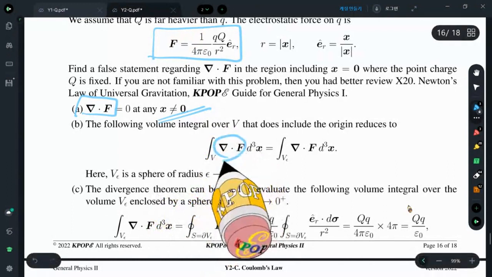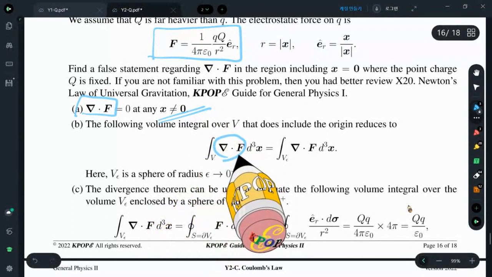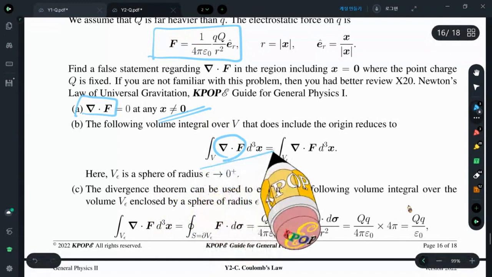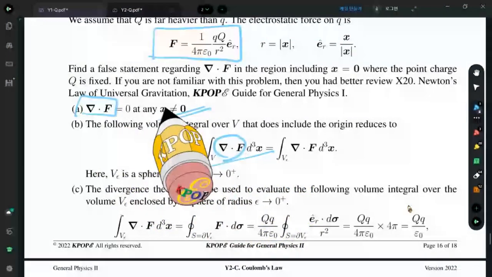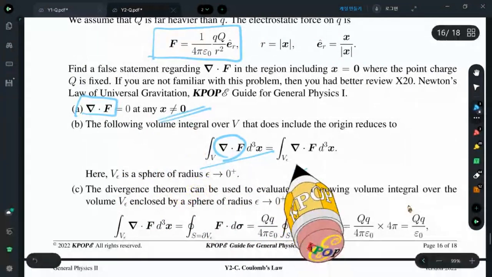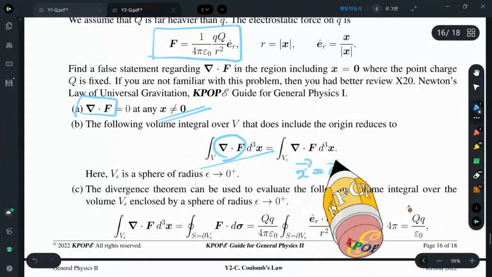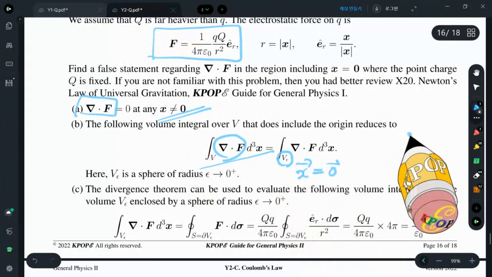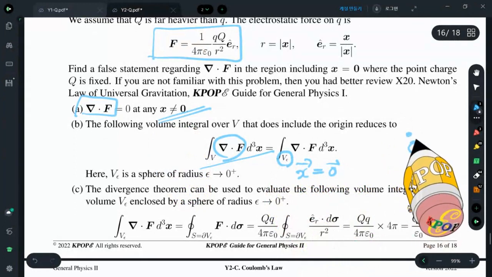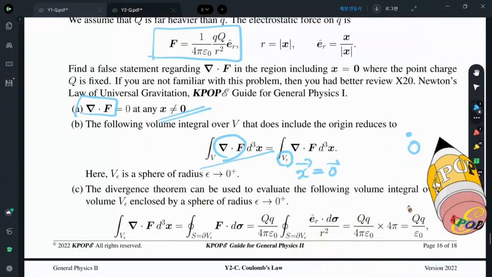So you can compute the divergence over some volume. However, this one is always 0 except at x equals 0. So we can find there is the origin where the electric charge is placed.